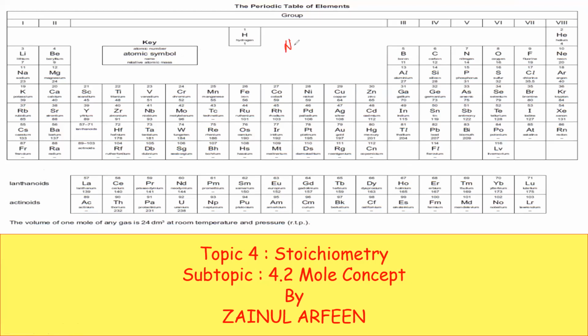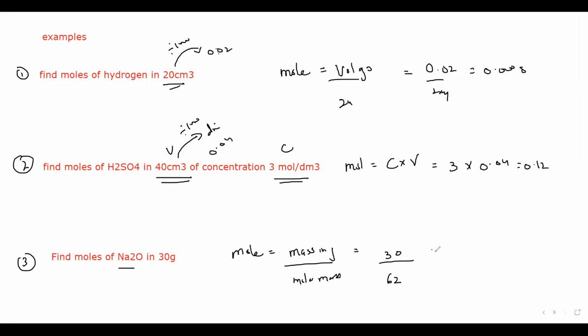The formula for sodium oxide: mass of sodium is 23 multiplied by 2 because there are 2, and mass of oxygen is 16, and we'll add, so 23 multiplied by 2, that's 46, plus 16, so it equals 62. So 30 divided by 62, which equals 0.48.